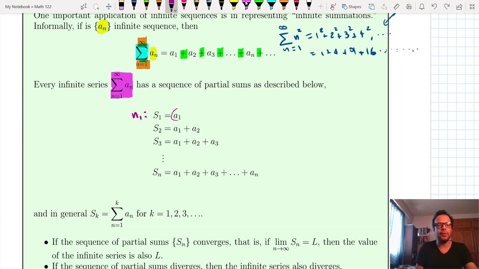The second partial sum will be given by plugging in n equals 1 plus n equals 2 to the series. The third partial sum will be given by adding the terms obtained by plugging in n equals 1, plus n equals 2, and plus n equals 3, and so on and so forth.